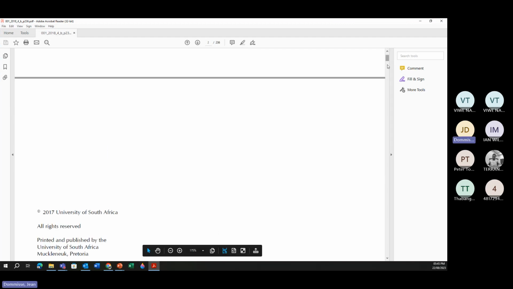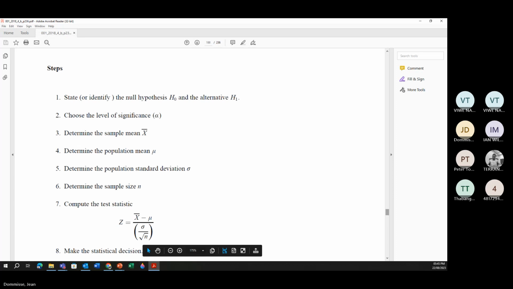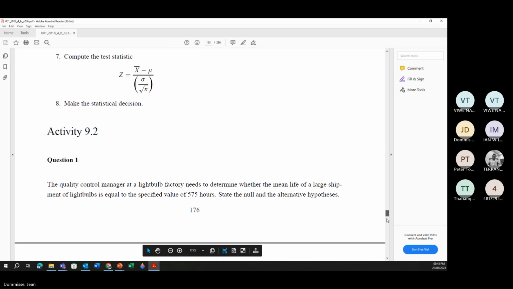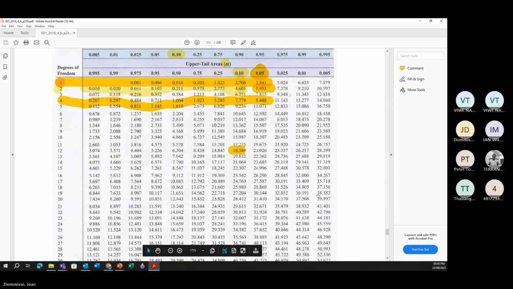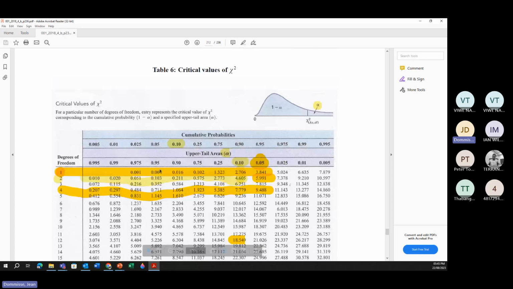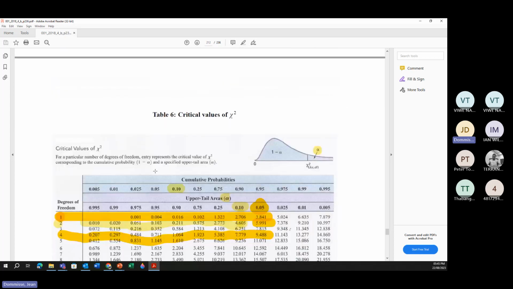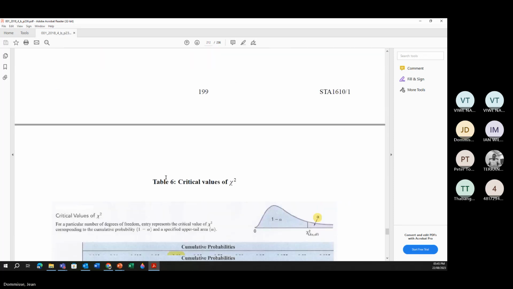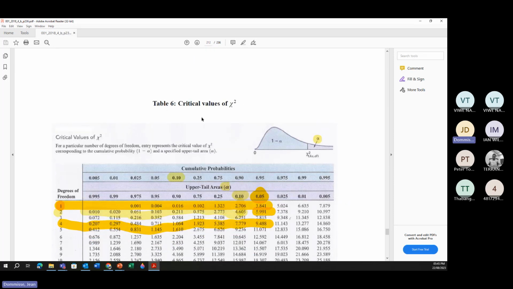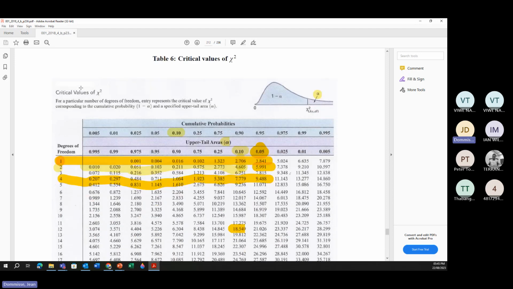If we go to the last two chapters, at the back of study unit 10, here is the chi-square table where we will look at the critical values.